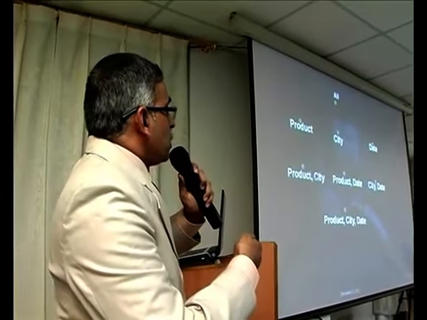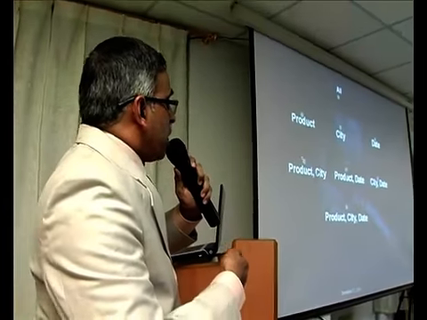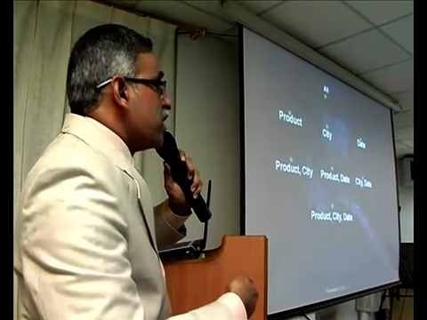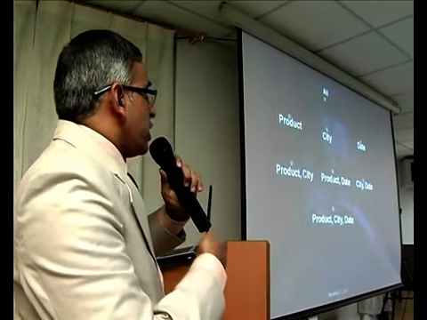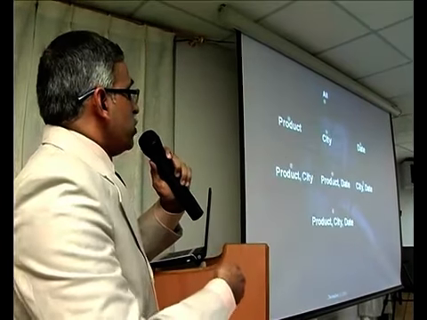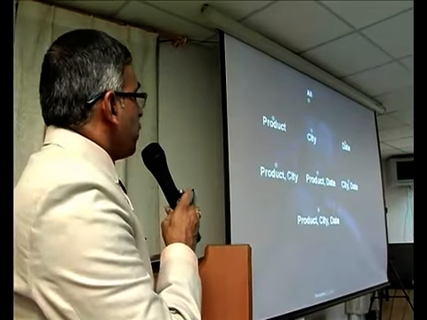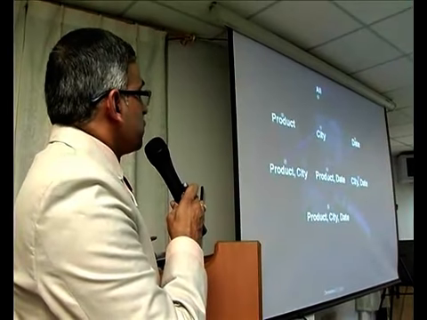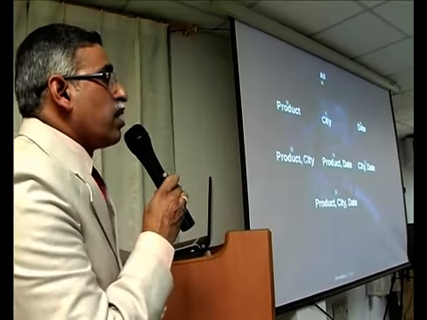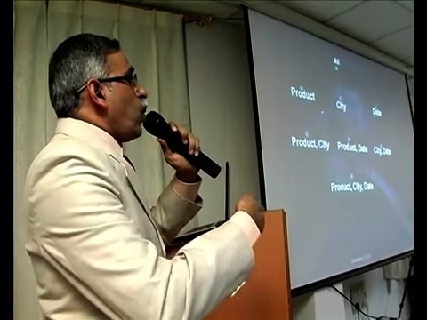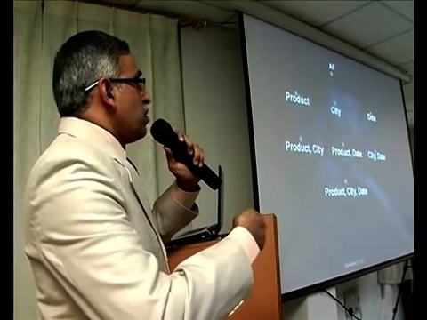Total sales means the total sales over all cities where the product has appeared on all dates. That is computed again by using these two-dimensional combinations. Similarly, the city date computation. These are called one-dimensional cuboids.